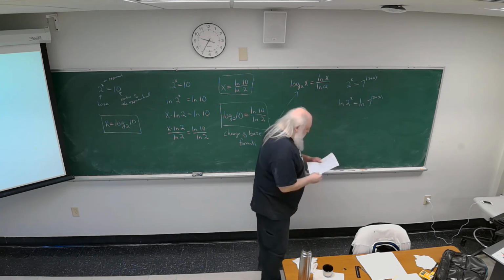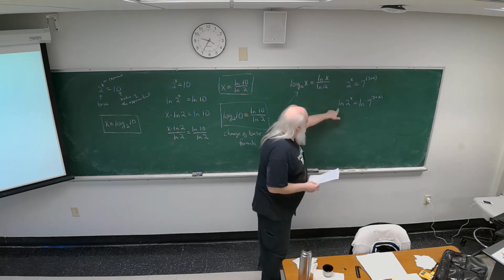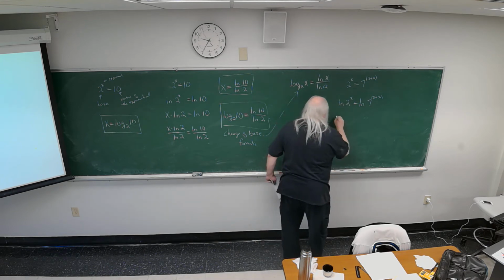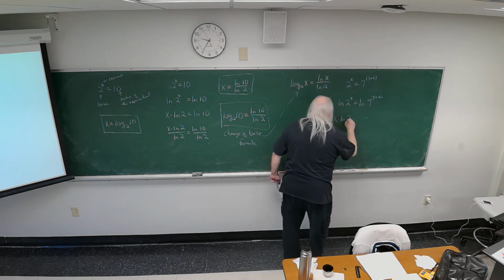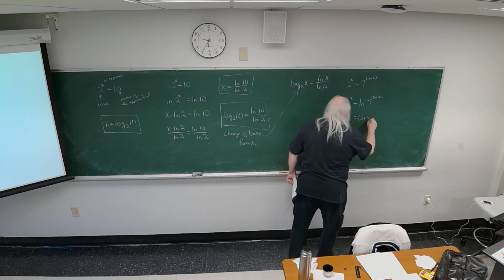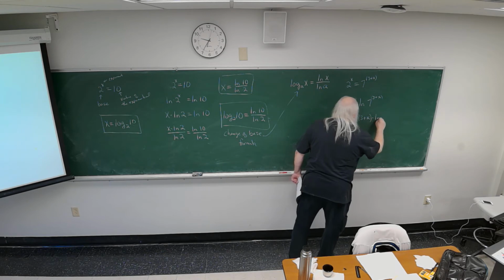And now by the power rule, I can bring the x down in front of the natural log on the left side. And on the right side, I can bring down the 3 plus x in front of the natural log.